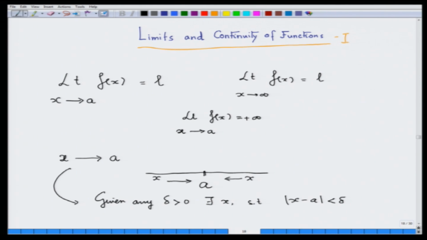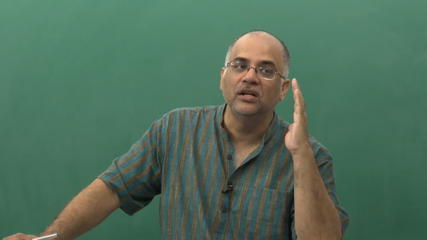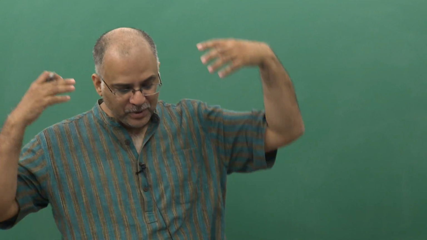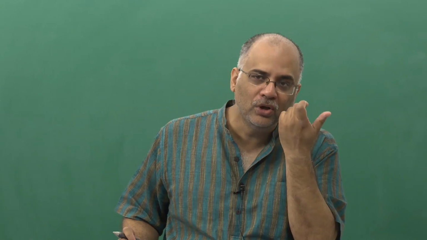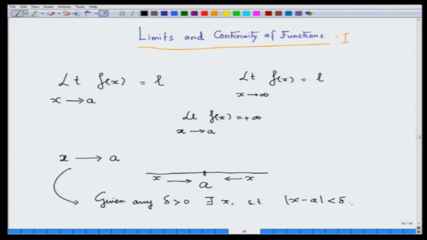So, I can make x come arbitrarily near a. X tends to a means x can be brought arbitrarily near a, but it might not be equal to a any time. Okay, so that is the meaning of x approaching a.